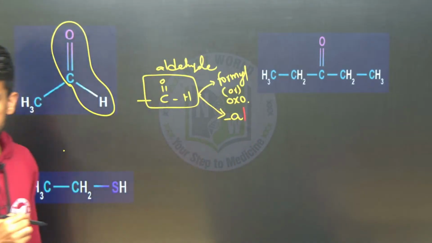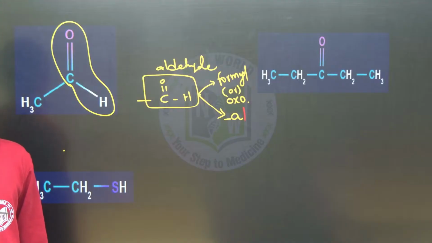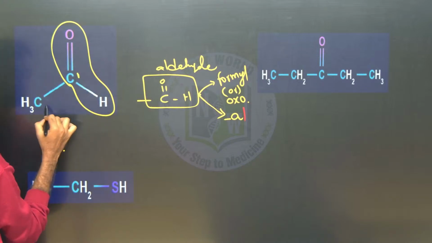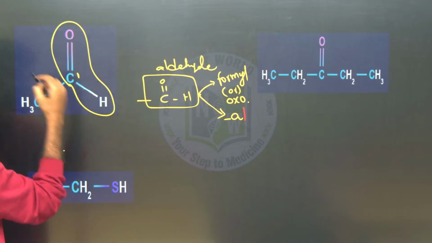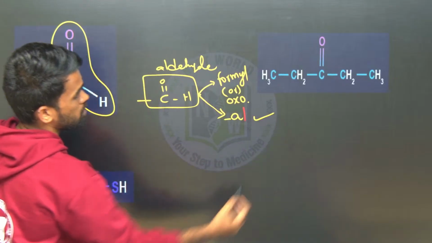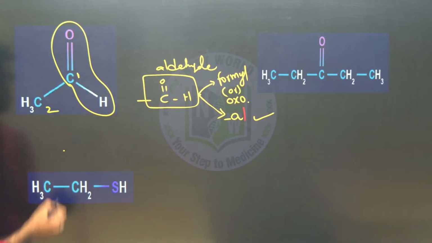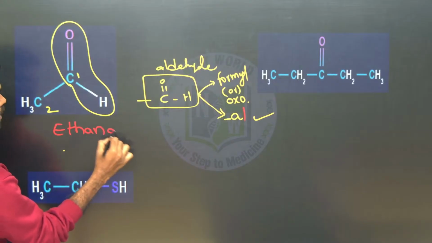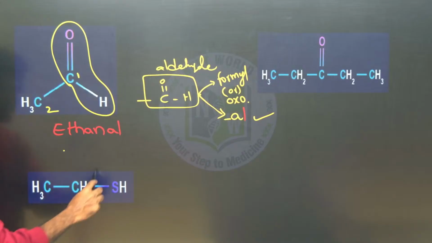Formyl, or sometimes aldo is also mentioned. Don't worry. Now tell me how many carbons are there? 1, 2. Aldehyde is a functional group now. So what is its suffix? Al. So ethanal. That's it.